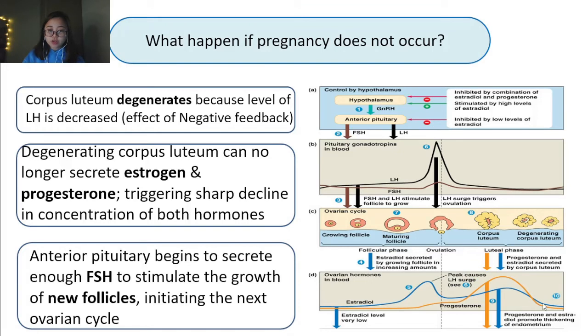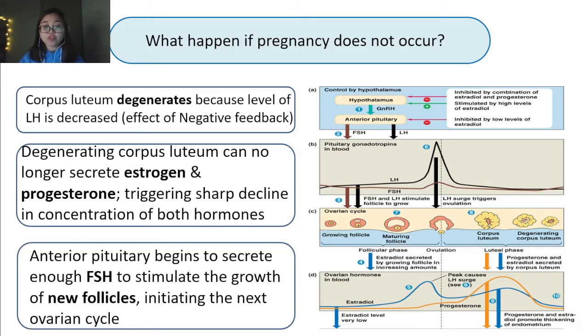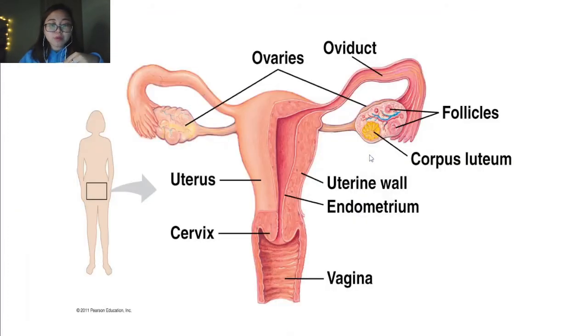Then, after all of these are very low, the anterior pituitary gland will begin to secrete enough FSH to stimulate the growth of new follicles and initiate the next ovarian cycle. So, the old one dies. The anterior pituitary continues to secrete FSH to start a new cycle. Okay, so that is it for the ovarian cycle. That is the story of what happens in our ovary every month.